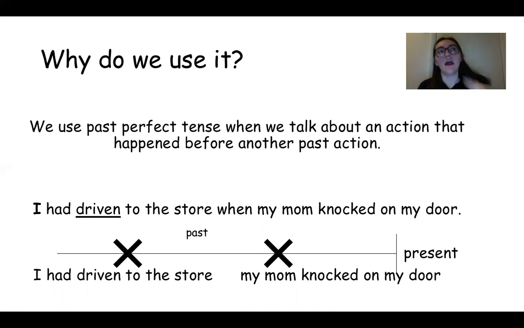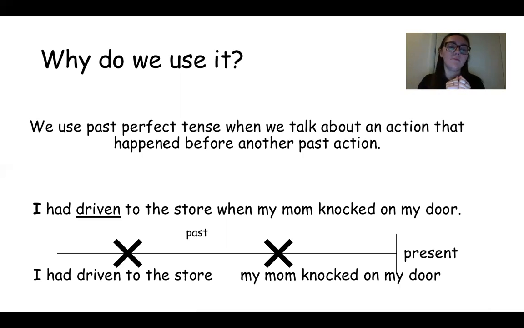So that's why we use it when we say, oh, I had driven to the store when my mom knocked on my door. I had gone to bed when my boss called me to say that I needed to come in early. When you speak and you use it, you're telling people I am talking about some things that happened in the past, but one happened before the other.